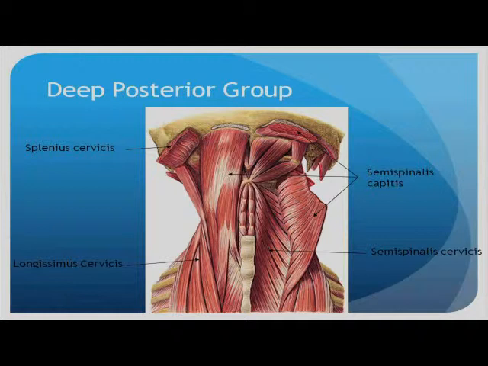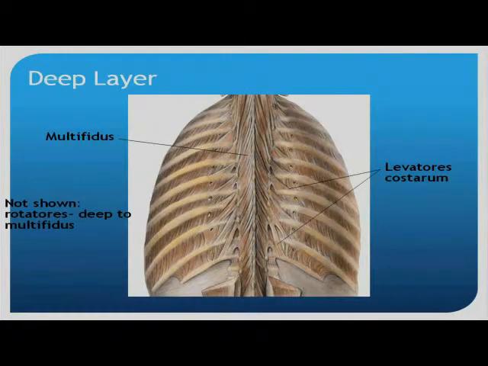And then the deep posterior muscles with the splenius and semispinalis and all of those that further transmit down into the thoracic spine and function to keep them working as a unit with the cervical spine in an integrating fashion. And then those deeper, smaller little muscles can maintain type 2 dysfunctions in the thoracic spine that can be very important in patients with the kind of presentations that we're going to be talking about.